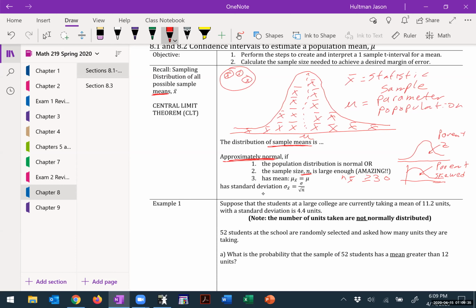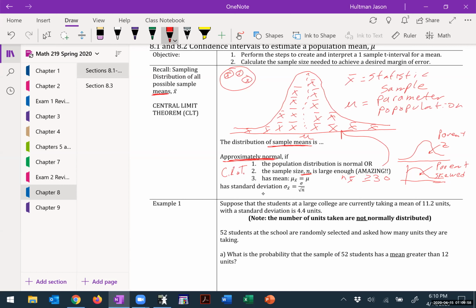If the number of averages that I took is at least 30, even if the parent is skewed, what does the child look like? Well, the child looks like this guy here. He's still a bell-shaped curve. This is called the central limit theorem, or CLT for short.